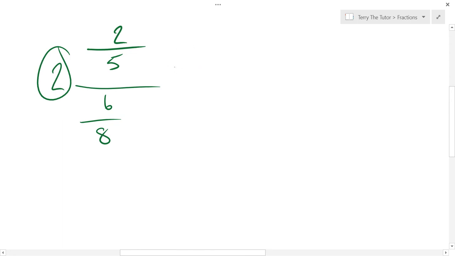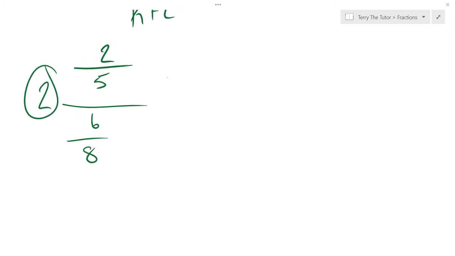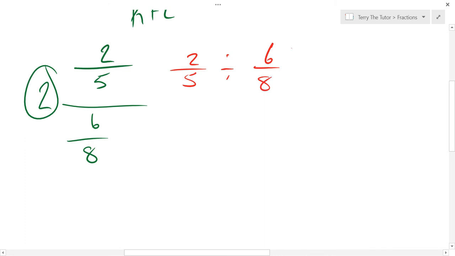They work out. So I'm going to use my KFC method. In fact, let's rewrite this first, now that we've got it. We've got 2 over 5 divided by 6 over 8. That's not a bad idea. We'll rewrite it. Now let's use KFC. I'm going to keep this, so I've got 2 over 5. I'm going to flip this guy, so I've got 8 over 6.